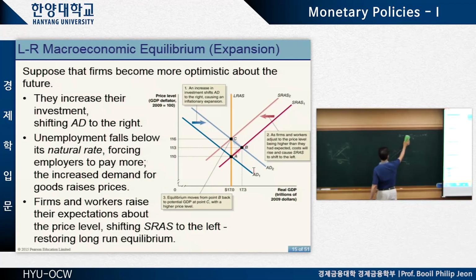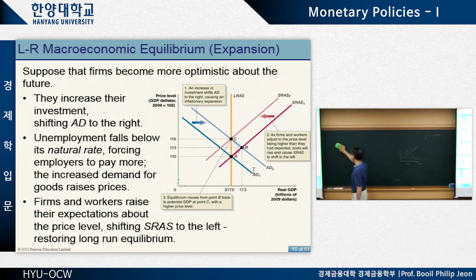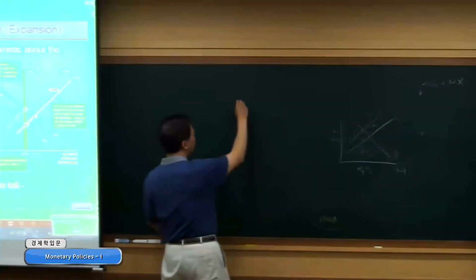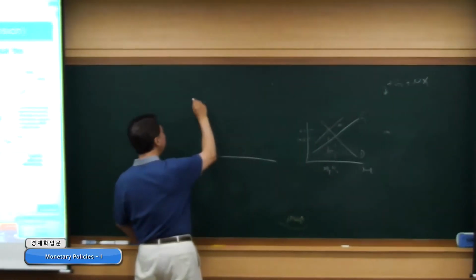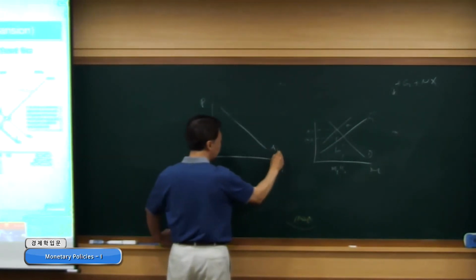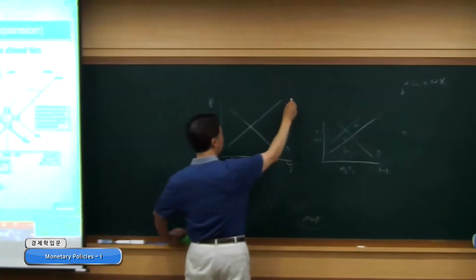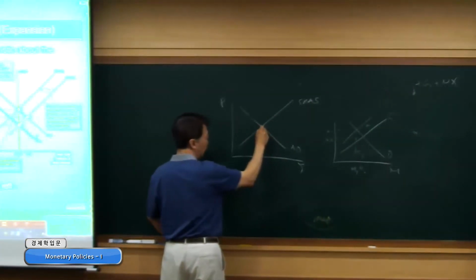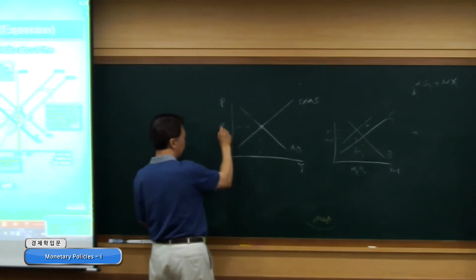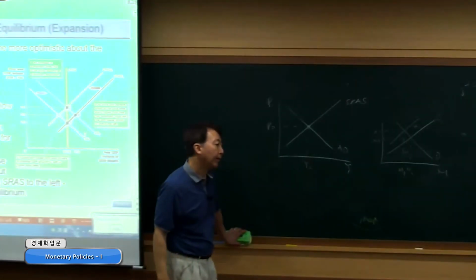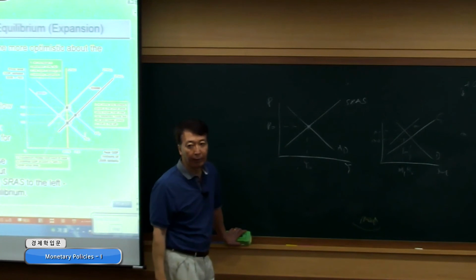So we are talking about the opposite situation here. Let me try again, once again. Okay, so from the initial equilibrium, we have aggregate demand and short-run aggregate supply, from the initial price level and income level. For some reason, aggregate demand shifts to the right.